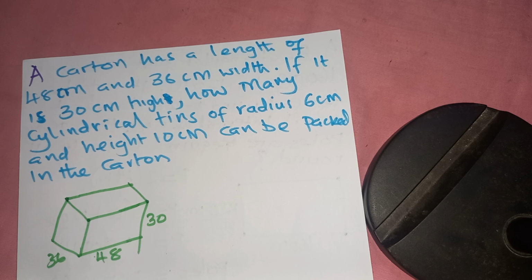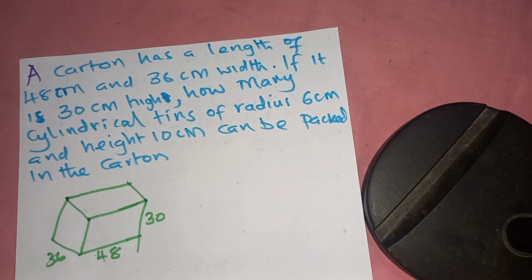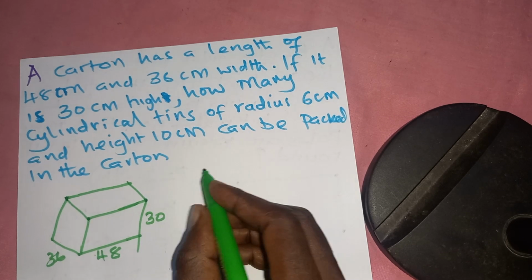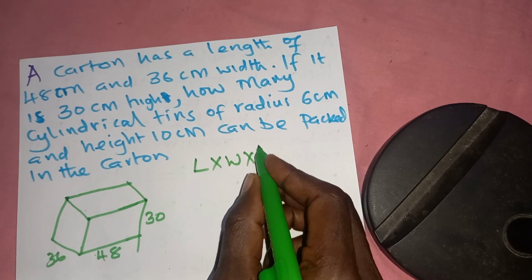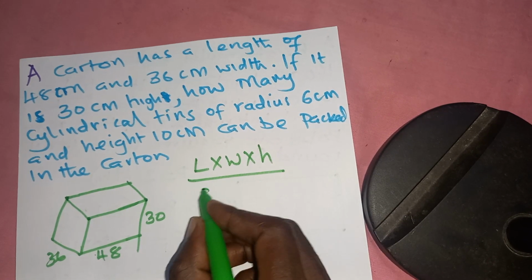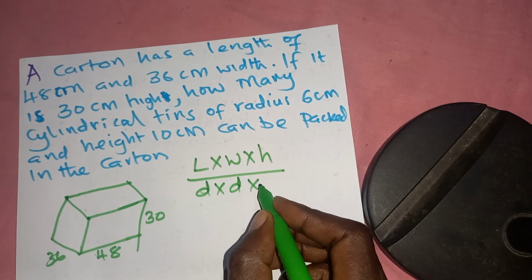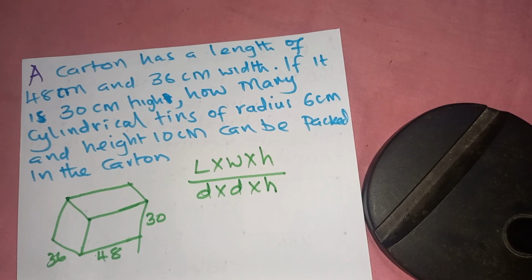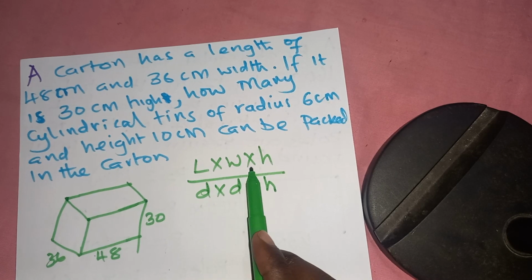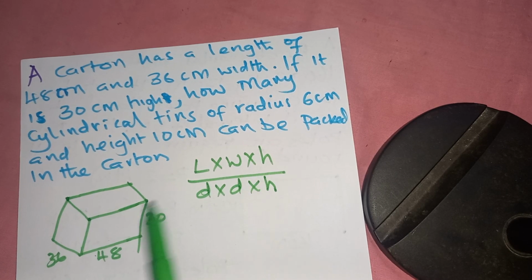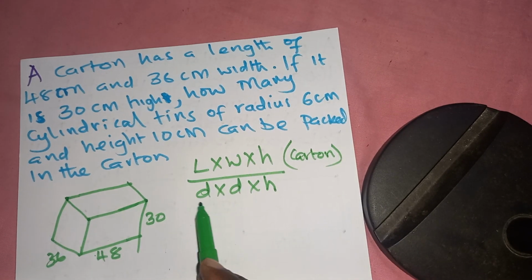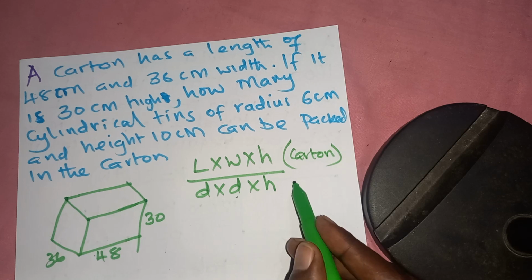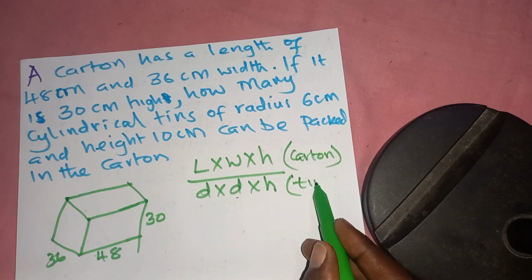So when we want to get the number of cylindrical tins arranged in this carton, we simply use the formula: length times width times height over diameter times diameter times height. Length times width times height is like the formula of getting the volume of the carton. Diameter times diameter times height is about the cylindrical tins.